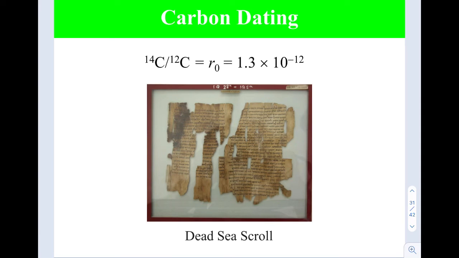Cosmic rays in the upper part of our atmosphere cause nuclear reactions that create carbon 14. The ratio of carbon 14 to carbon 12 in the carbon dioxide molecules of our atmosphere has a constant value of approximately this.